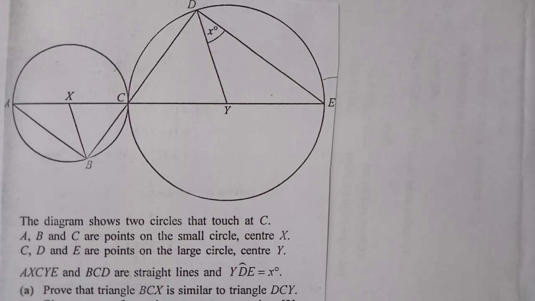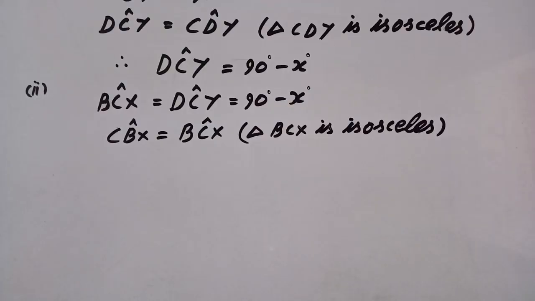Angle CBX equals the angle BCX because the triangle BCX is an isosceles triangle. So CBX is also 90 minus x.